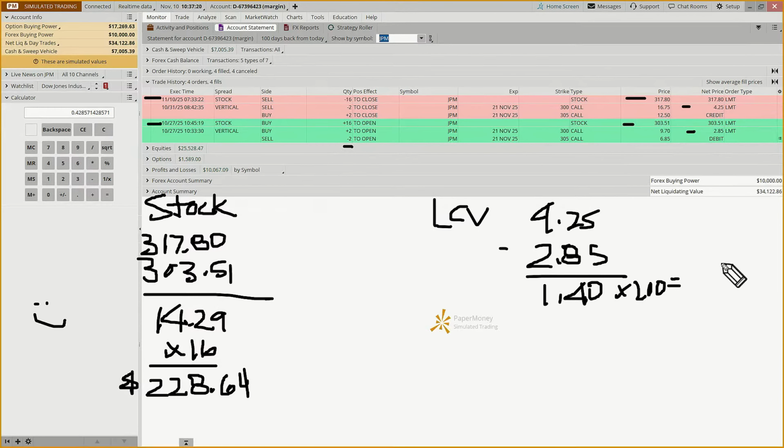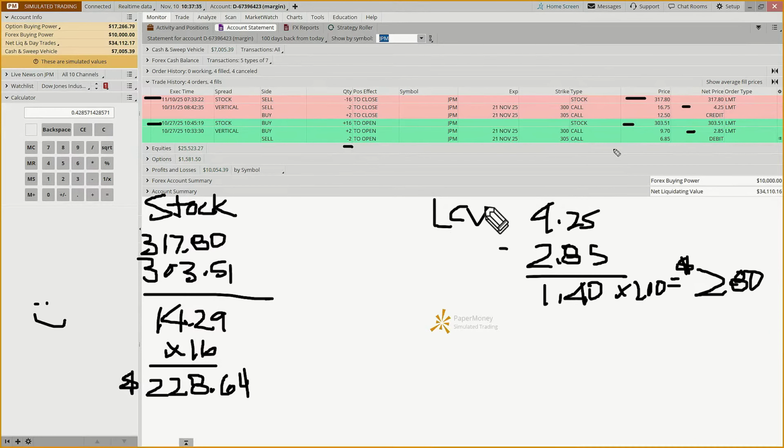So we were up by 280. So we were up by a little bit more, and we did it in less than half the time. So you may say, well, obviously the long call vertical is the way to go.